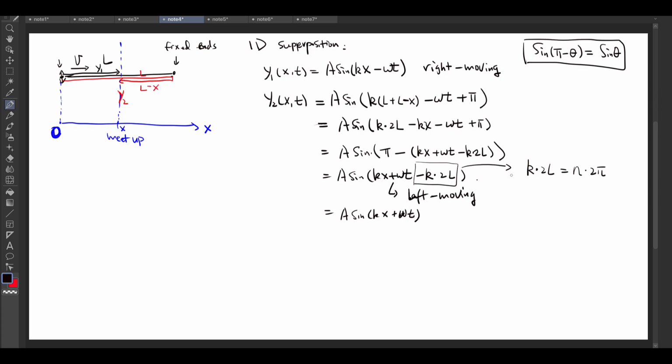And in order to get the standing wave, here is the condition for getting a standing wave.